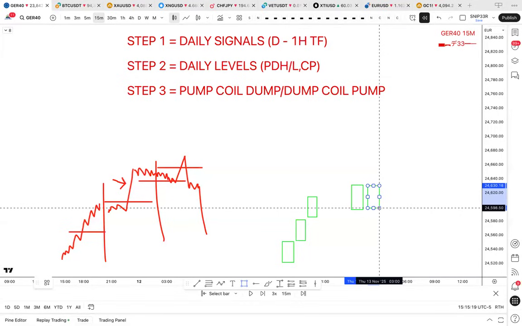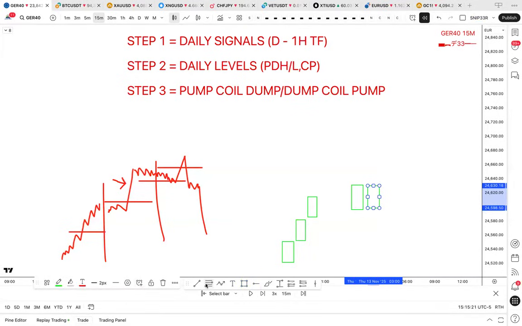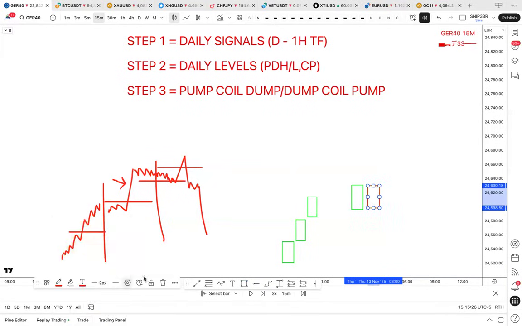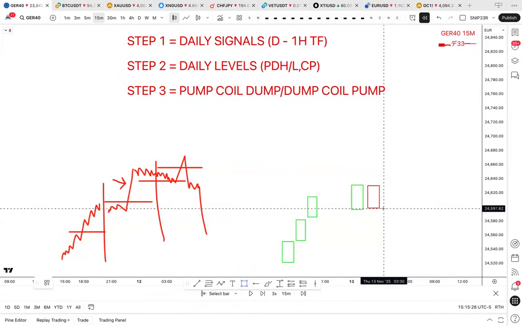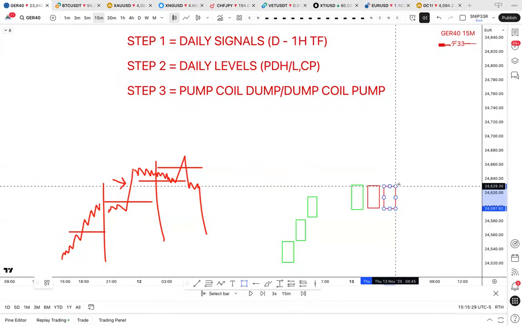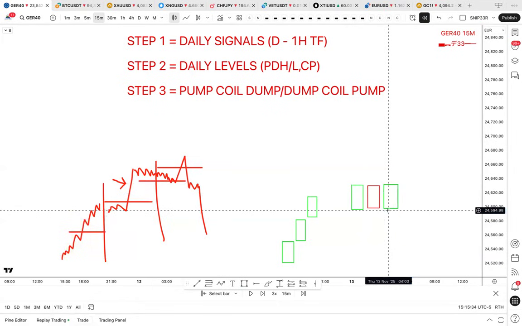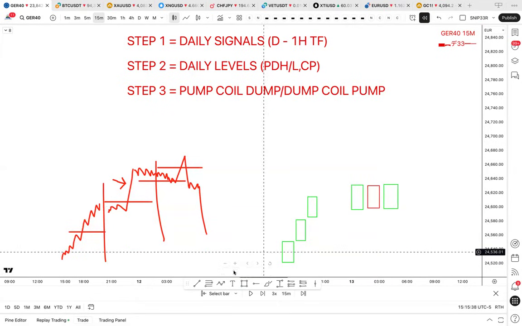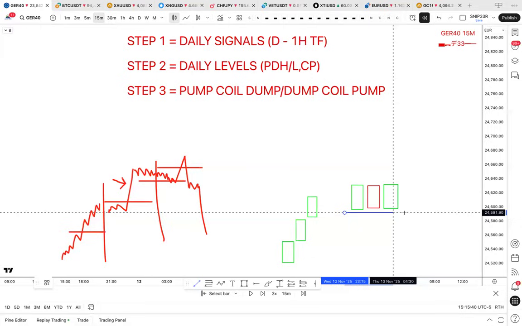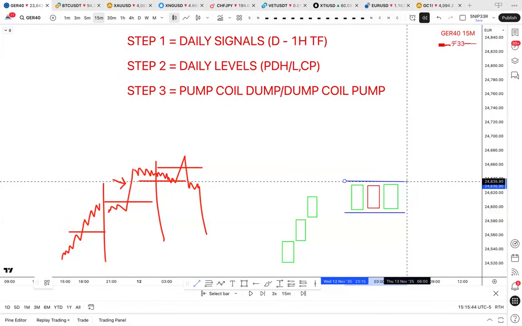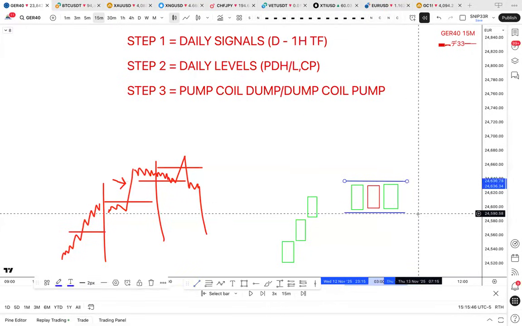Quite literally. There is and there should be no confusion about a coil, because again, whenever I see this, and this is any time frame, 15-minute, 1 hour, daily, 5 minute, whenever I see bars that are quite literally closing next to each other, that is my coil.